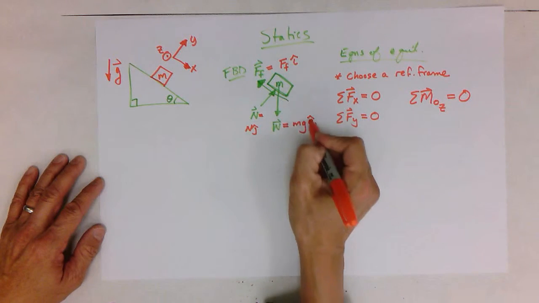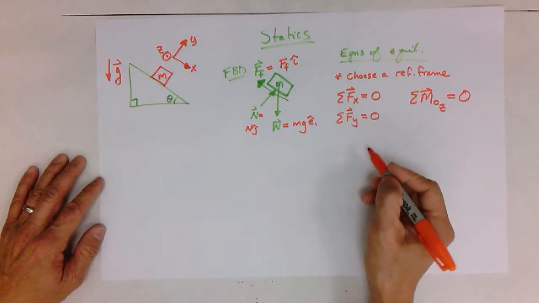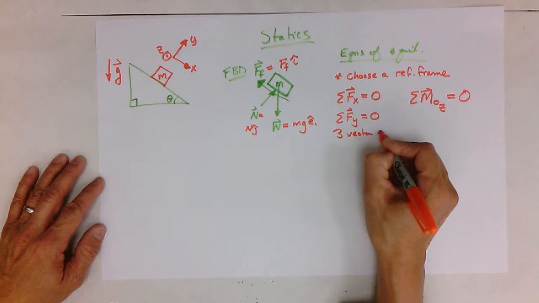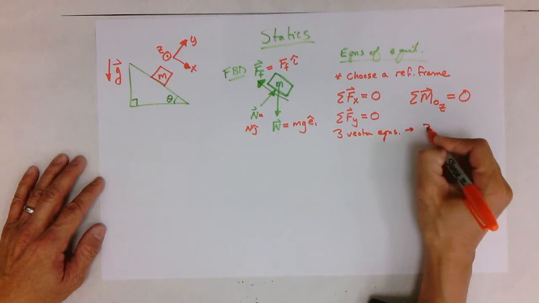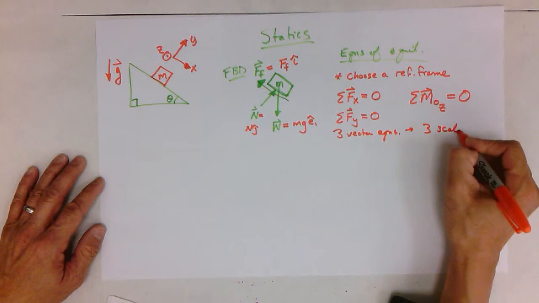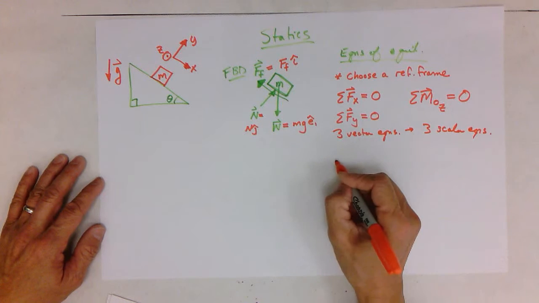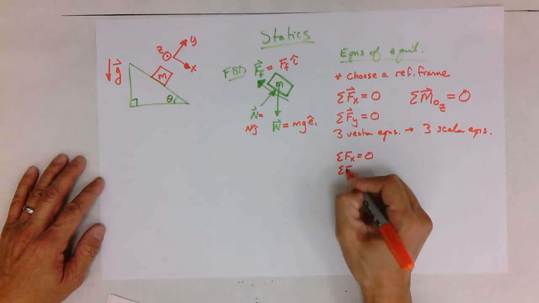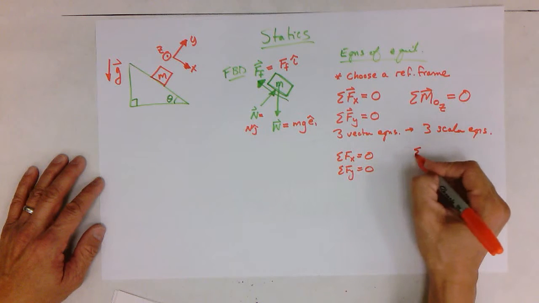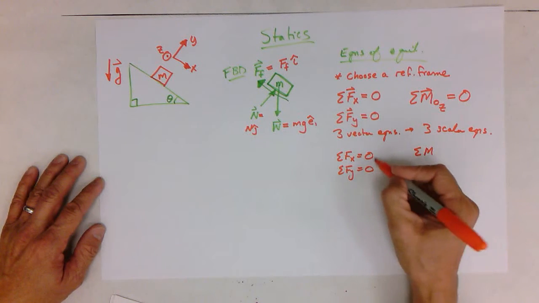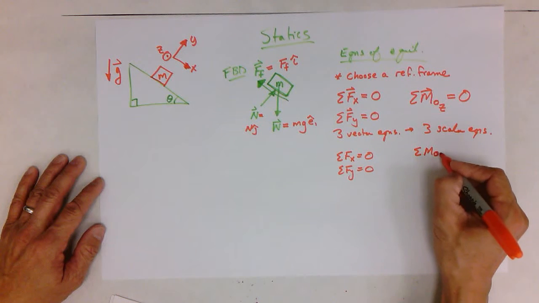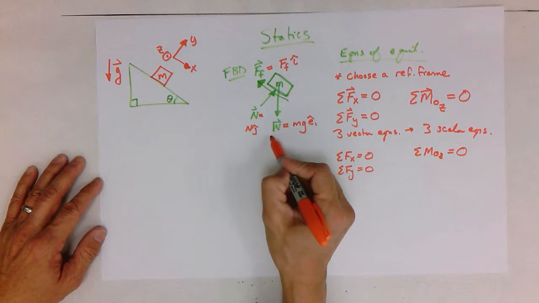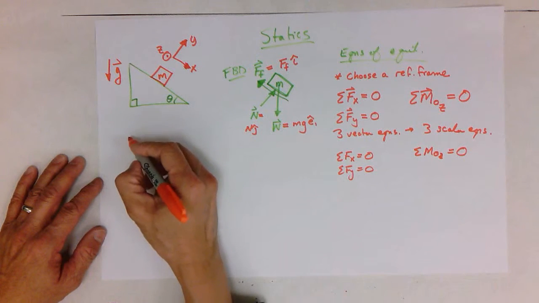So we're going to resolve this vector into components that we use here. So we have three vector equations, right? In this case, it goes directly to three scalar equations. So we just group all the terms about i, about j, and in this case about k, and we get scalar equations.